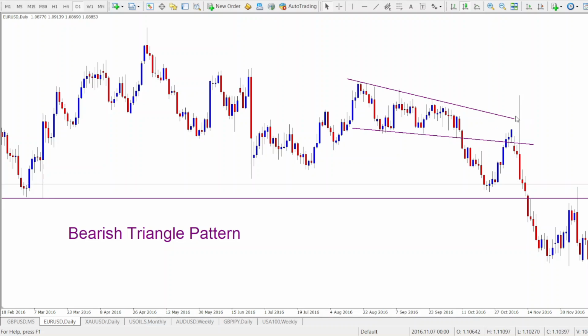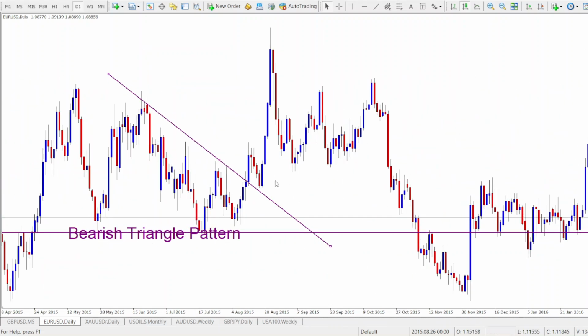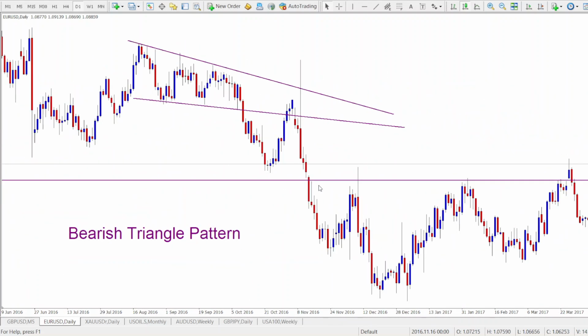And you can see that both of them are going towards a convergence. So eventually they are going to converge at some point. So we have a bearish triangle pattern here. This is actually more of a bearish triangle pattern. The other was more of a descending triangle. So we have a couple of triangle patterns.